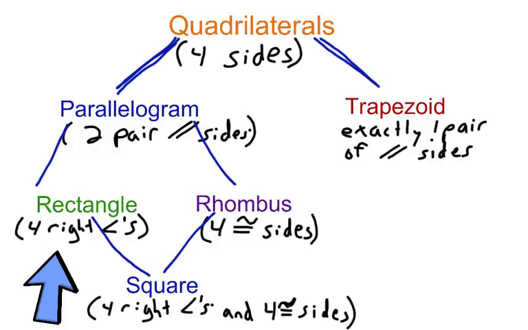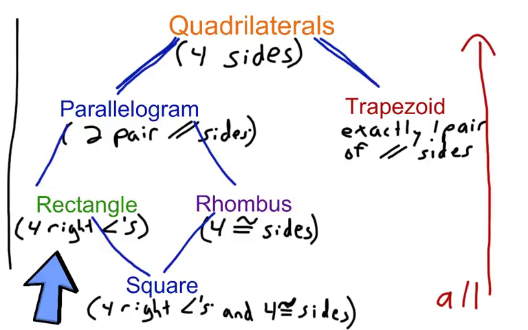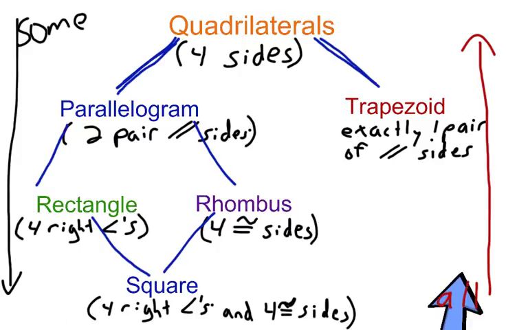So as we read upward here, we can use the word all. As we read downward, we can use the word some. This is very important when we start differentiating these. So, for instance, all trapezoids are quadrilaterals.